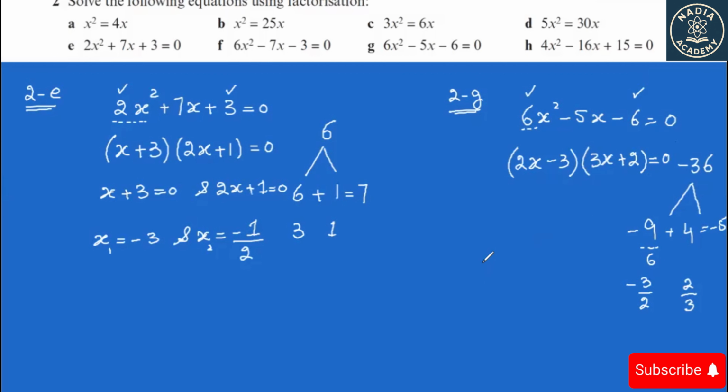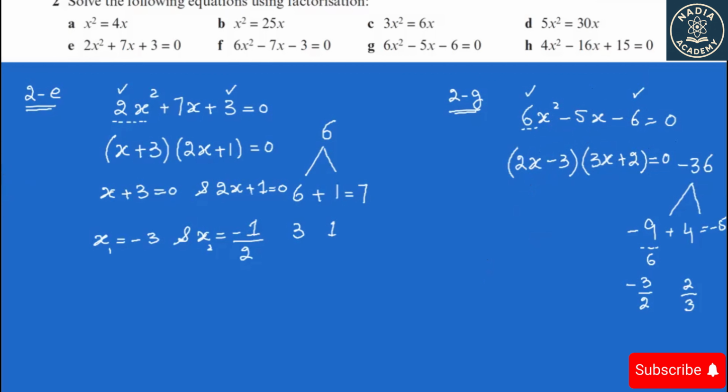So now you can see that if, for example, we expand these two brackets, we will go back to our original equation. So 2x times 3x is 6x square, and 2x times 2 is a positive 4x, and 3 times negative 3 is a negative 9x. So the total will be minus 5x, and negative 3 times 2 is negative 6. So these factors of ours are right.